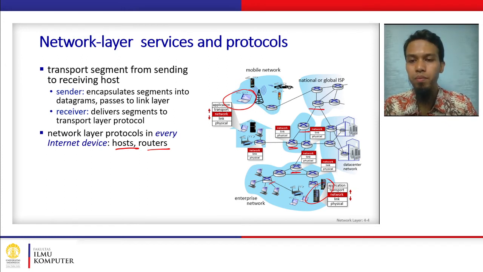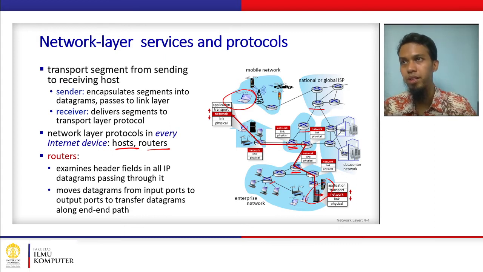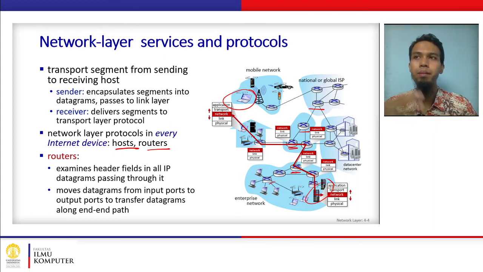Okay. So the important function happening at routers is examining the header fields of the IP datagram. Because what happens is the same as, for example, in the transport layer, where it needs to know the destination port or the source port numbers.